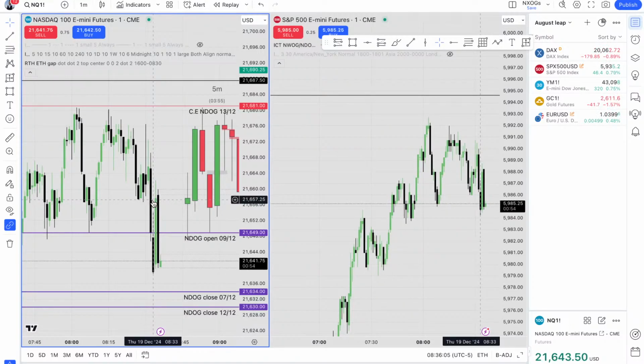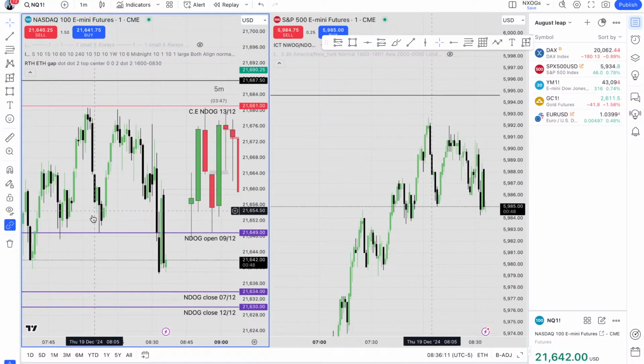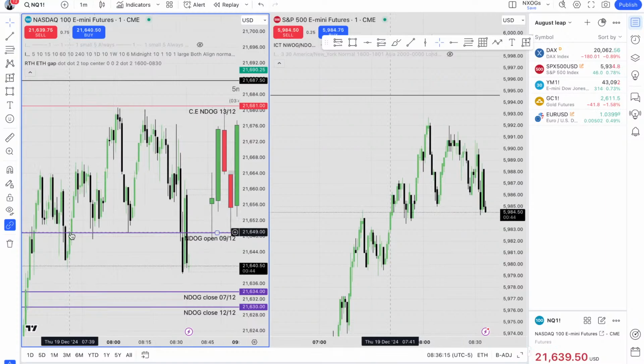Okay, now it's respecting this order block, this breaker.